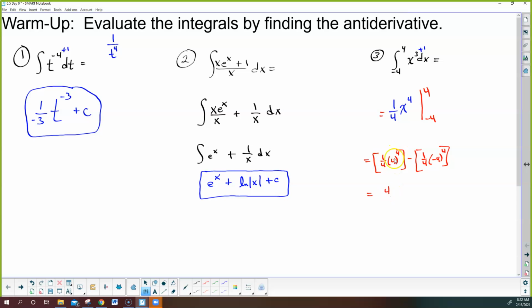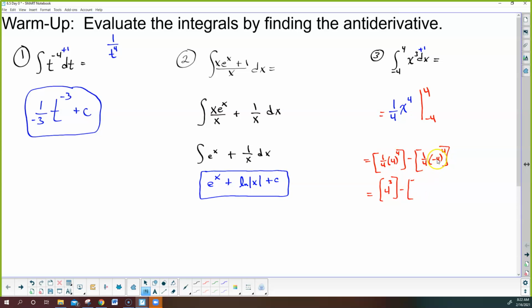So the 1/4 and the 4 could reduce out if you wanted it to. Because if I do 4 to the 4th power, I think it's like 256. And then if I divide that by 4, I get 64, which is 4 to the 3rd power. So this is just a quick little recognition of that.